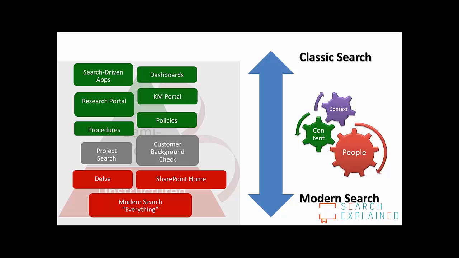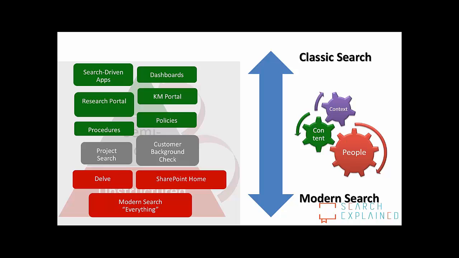You can do a customer background check. You might have structured, you might have unstructured data about a customer of yours. And as we move towards the top of this pyramid, you can find search-driven knowledge management portals and dashboards here, search-driven applications. You can imagine a research portal, policies, procedures.